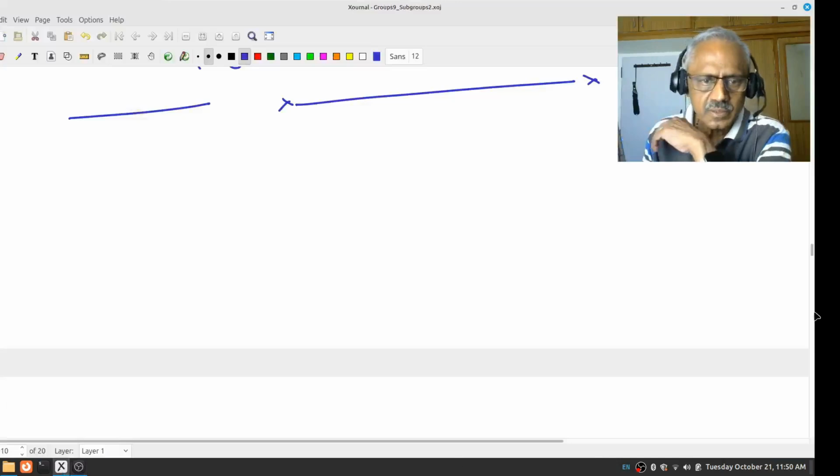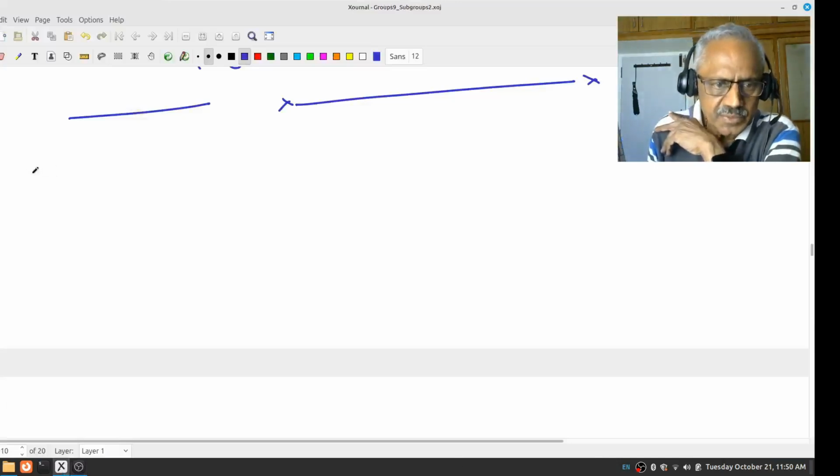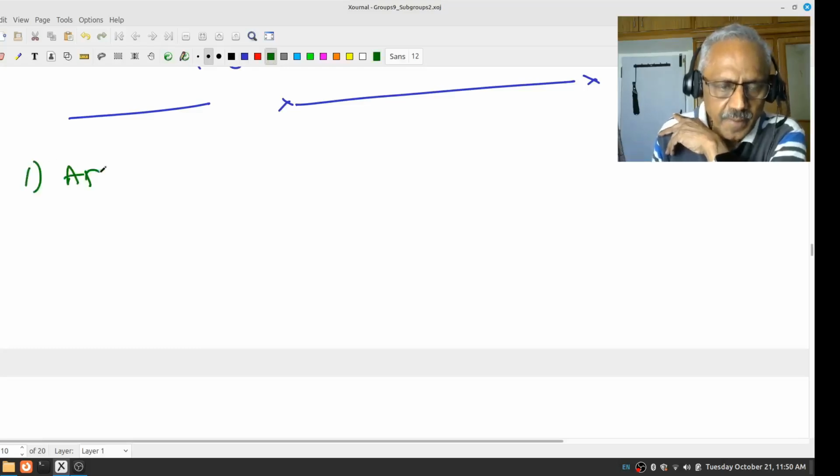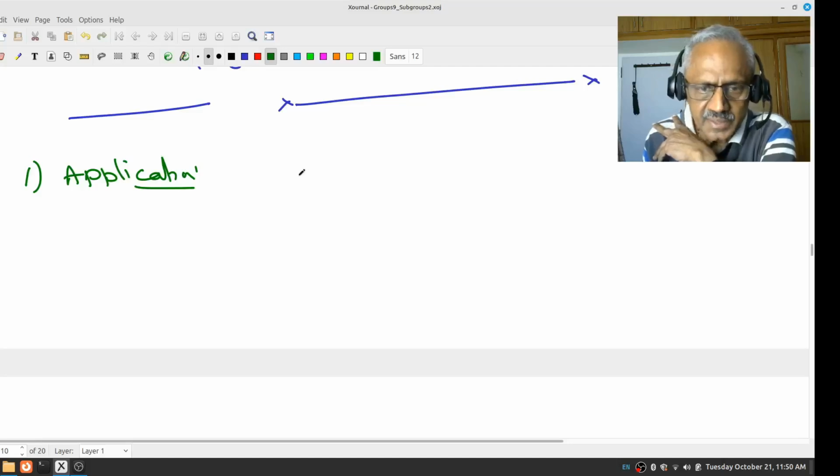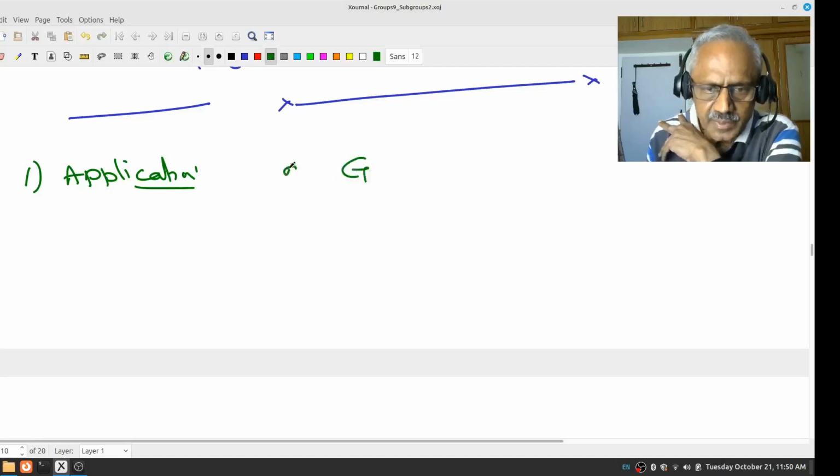So we will give an application of these two things. First application. Recall, let G be a group and a an element.